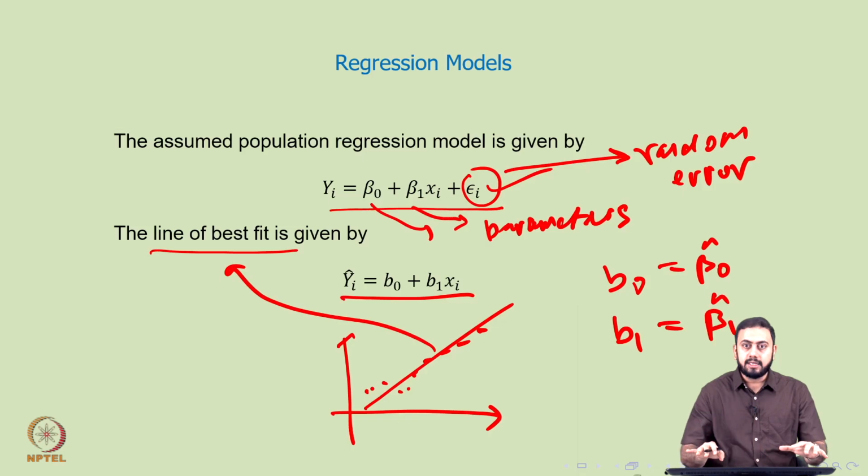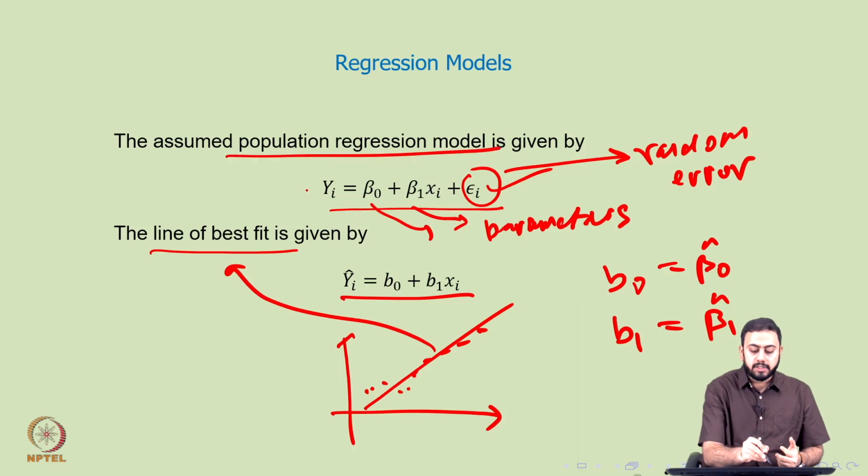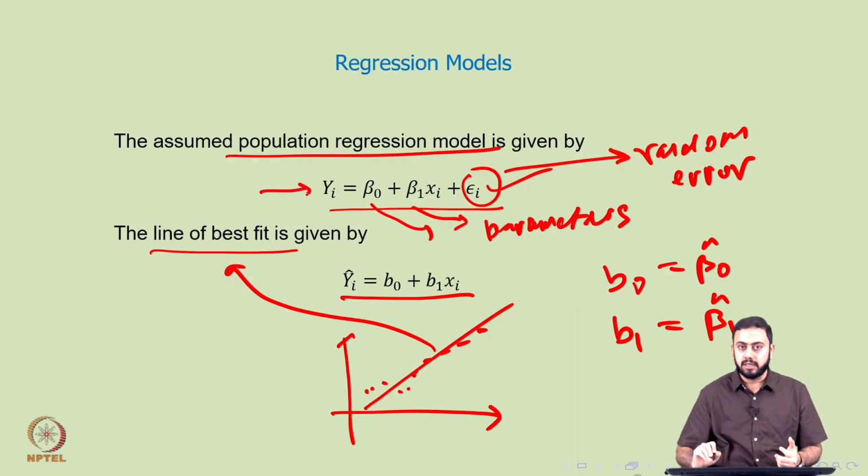Lastly, I will try to quickly explain what's going on behind these two models. On one hand you have the population regression model which you assume to be true, the first equation you see here, and since it is a population model, it contains unknown parameters, namely beta naught and beta 1, and some random error. Now from the observed data xi and yi, you fit a regression model, which is the straight line you see in any example, called the line of best fit, and its equation is the second equation.